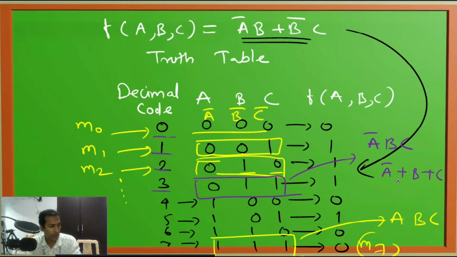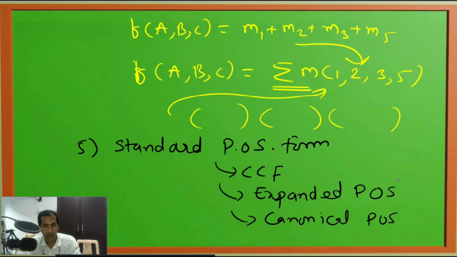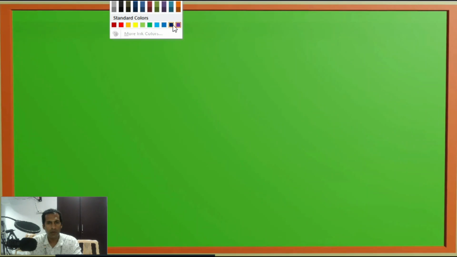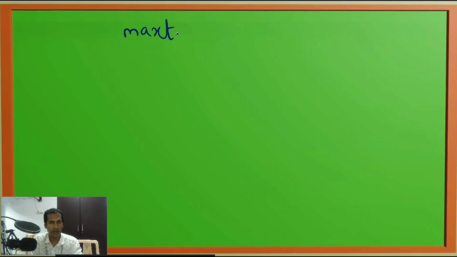So in SOP form we have seen min terms. In POS form we will have max terms. So in POS form there is a concept of max terms. A sum term which contains each of the n variables in either complemented or uncomplemented form is called a max term.